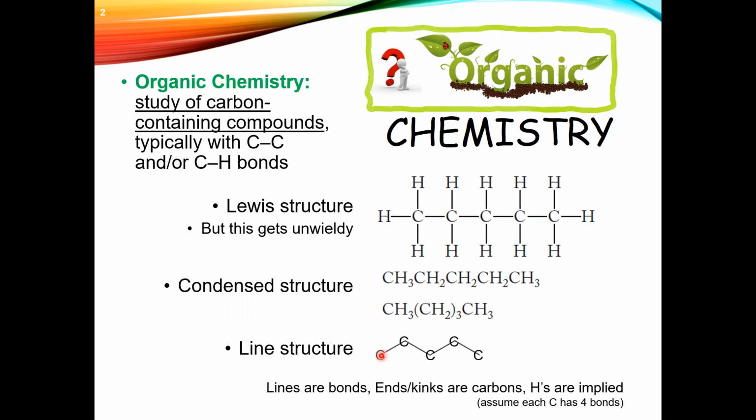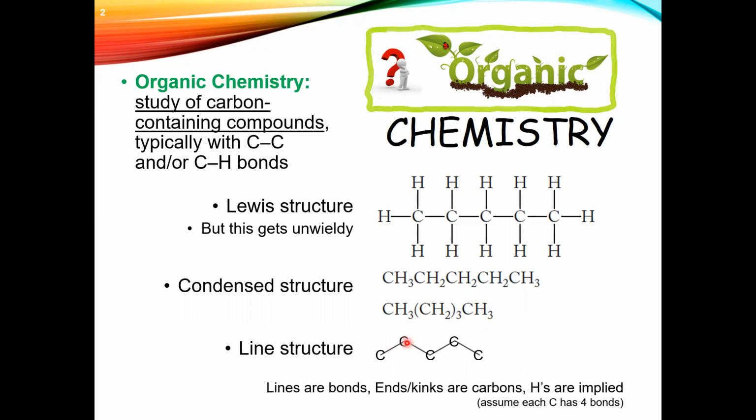So here, each of these spots would be carbon, and then each of these carbons also has some hydrogen. But in line structure, hydrogens are implied. They're implied because they tend to be very numerous, and they tend to be in very consistent places.